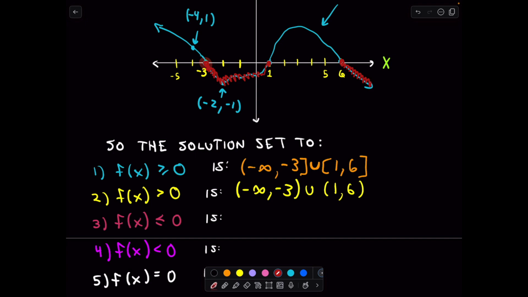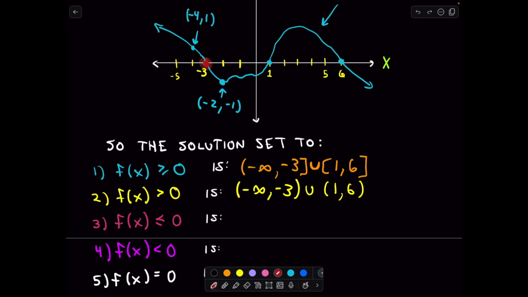I'm thinking, what are the corresponding x-coordinates? If I shade, it would be from negative 3 up to and including 1. And then it looks like it's 6, and it just keeps on going forever. So I have to describe those two intervals.